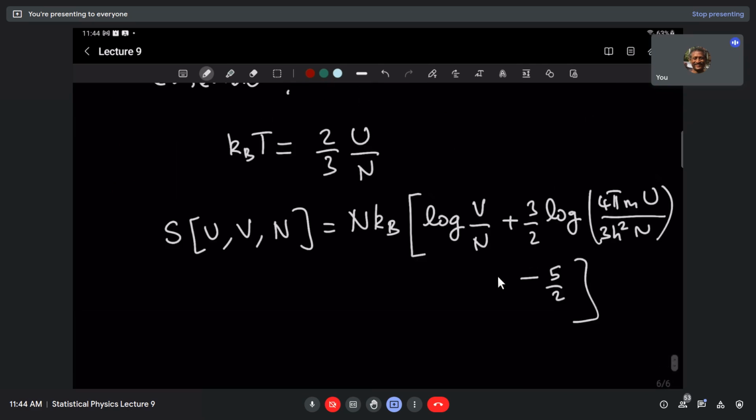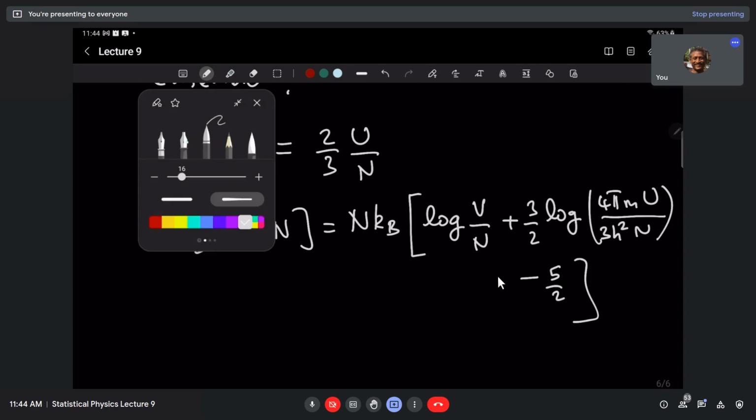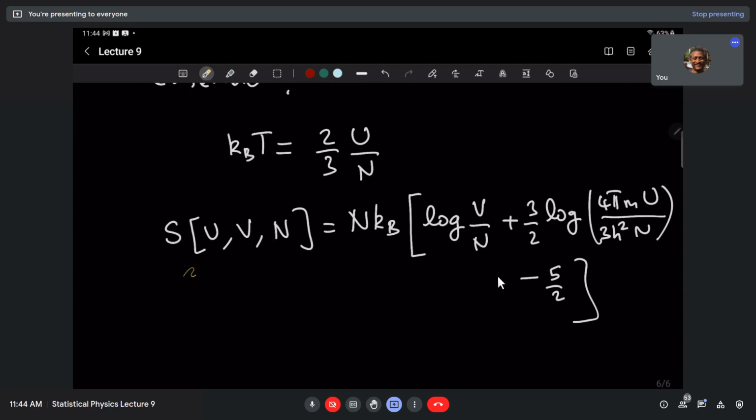So this formula has a name. Sample vector. This is the name of this.